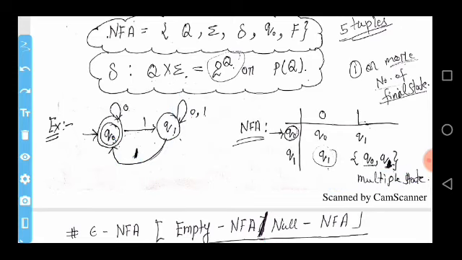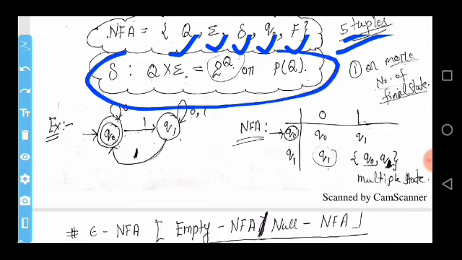There are also 5 tuples in NFA: Q, sigma, delta, Q0 and F. But the transition in the NFA is different.